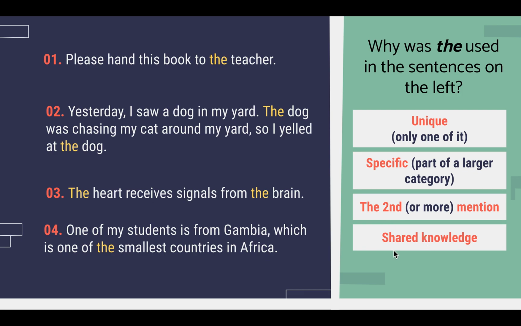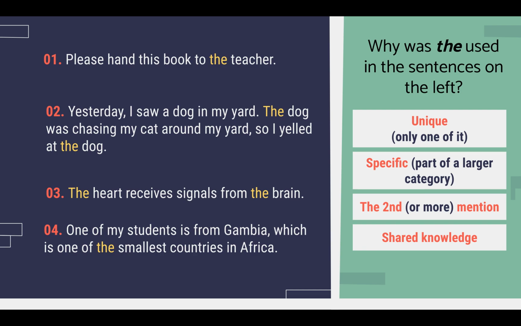Or is it shared knowledge, meaning it's very clear to both the speaker and the listener, or the writer and the reader, which noun we're talking about. So you can pause the video while you think about this. Each sentence should match one rule, okay? So pause your video and I'm going to give you the answers in just a second.